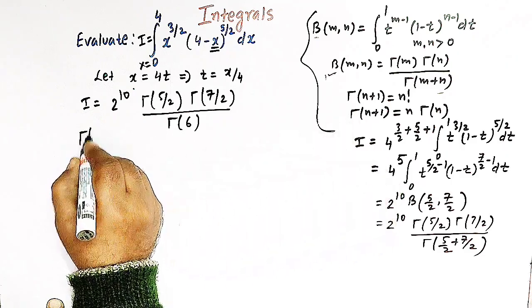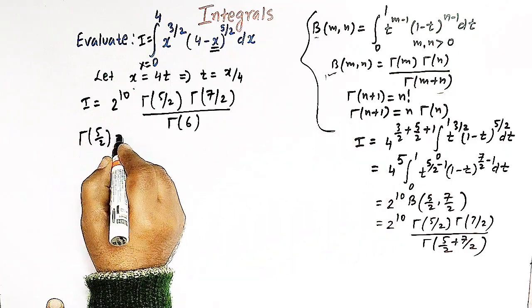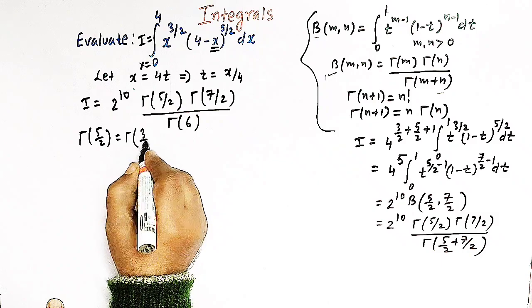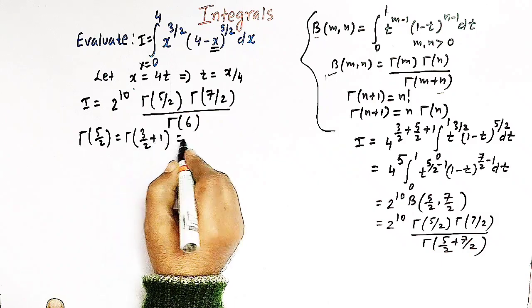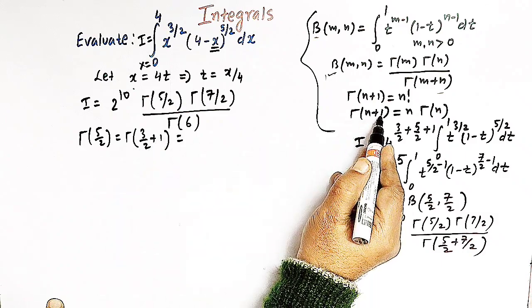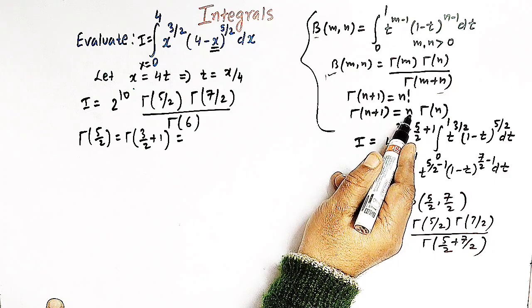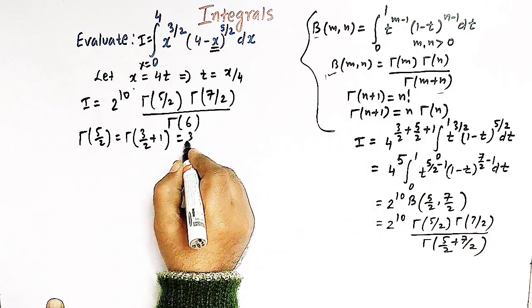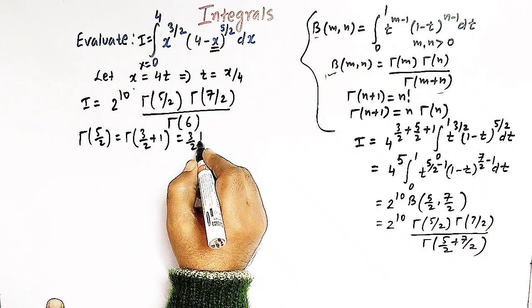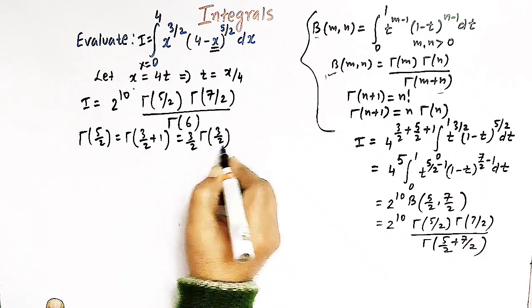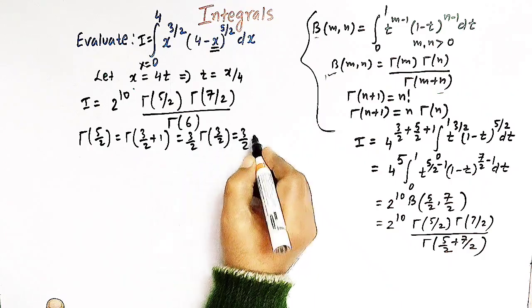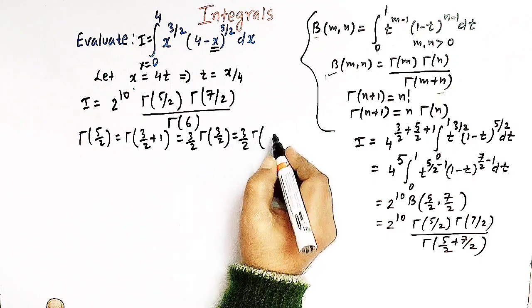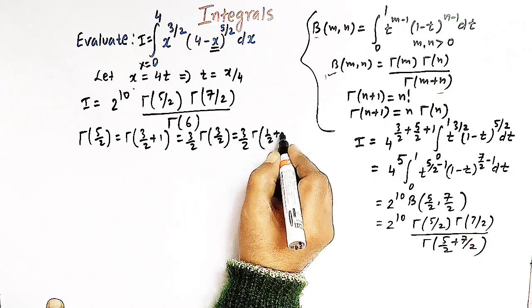So gamma 5 by 2 can be written as gamma 3 by 2 plus 1. So here we have gamma n plus 1, which can be written as n times gamma n. So n is 3 by 2, so we can write 3 by 2 gamma 3 by 2. Then we can further split 3 by 2 as a half plus 1.